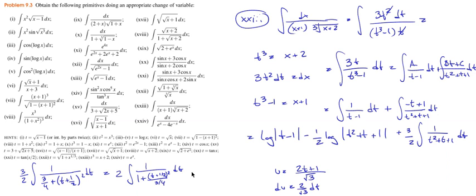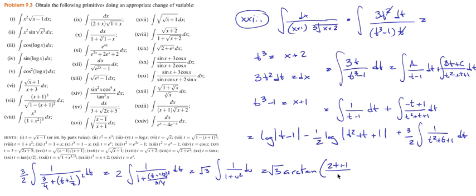So now this is equal to the square root of 3, that multiplies this, the primitive of 1 over 1 plus u squared du, right? And then with this, we have the square root of 3 times the arctangent of u, which is 2t plus 1 divided by the square root of 3, plus c.